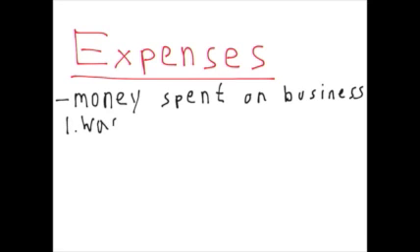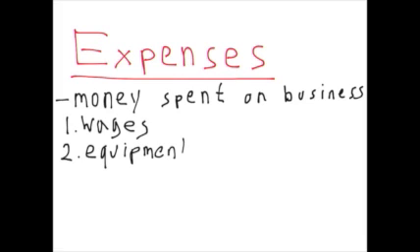Expenses include wages. Wages are money paid to employees or workers, such as the batik sewers or the batik makers. It also includes equipment. This is money spent on equipment such as sewing machines.